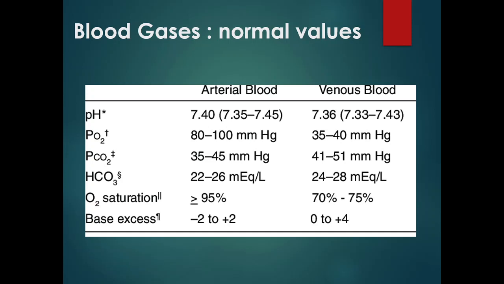The primary investigation to identify acid-base problems in patients is to do arterial blood gases. The normal values for the arterial blood gases: the pH is 7.4, but the acceptable physiological range is 7.35 to 7.45.